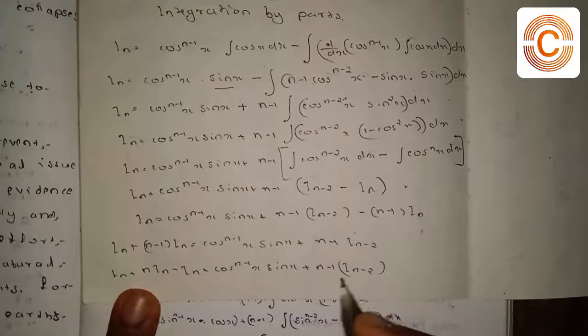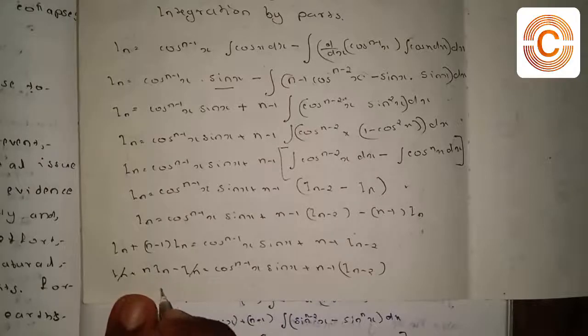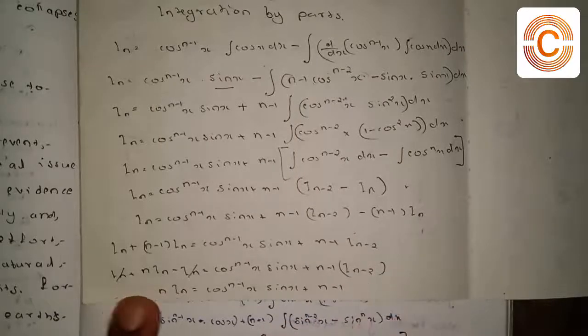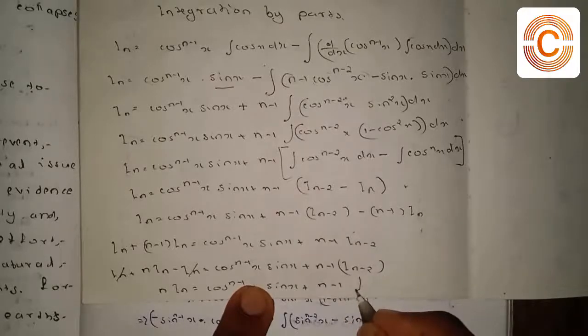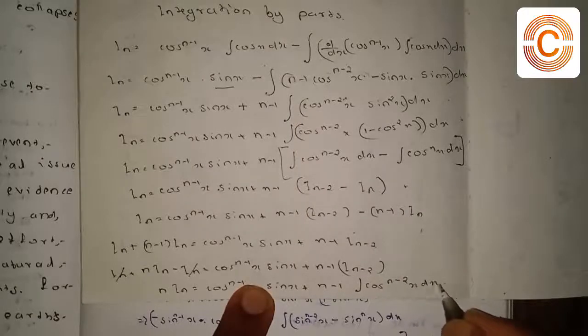Then cancel the I_n and I_n here, and we get nI_n equal to cos^(n-1)x sin x plus (n-1) times I_(n-2), which is the previous integral of cos^(n-2)x dx.